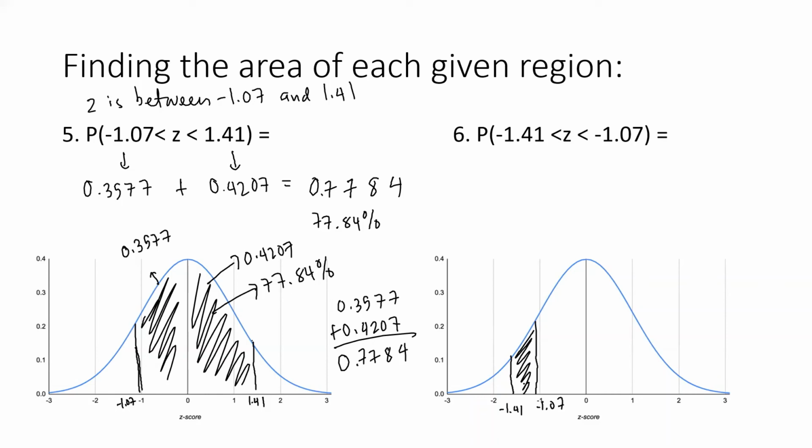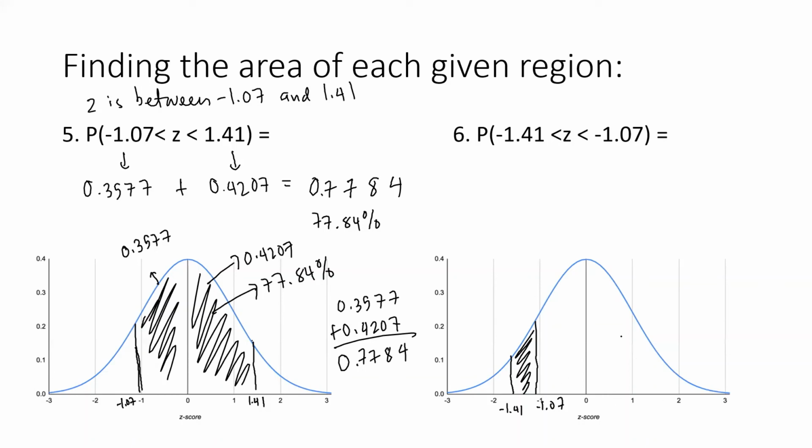Unlike in the previous example in number 5, why did I add both areas that correspond to these respective values? It's because two portions have been shaded, one from the first half and the other from the second half. So this serves as the border for both halves.